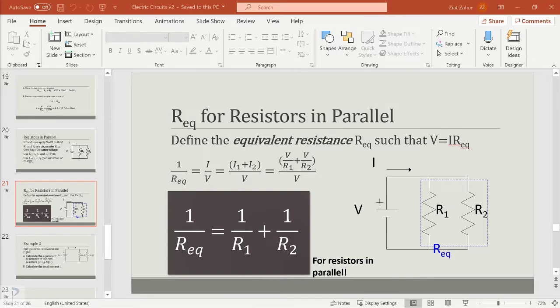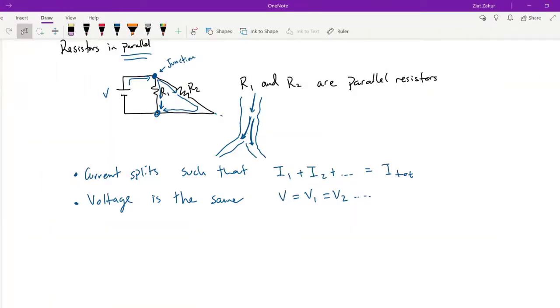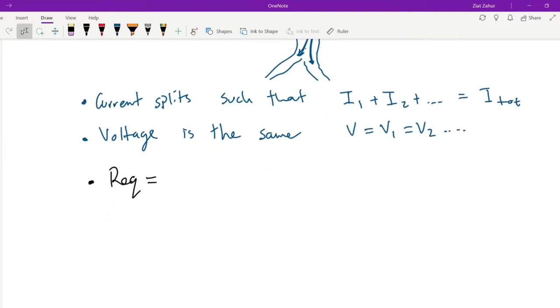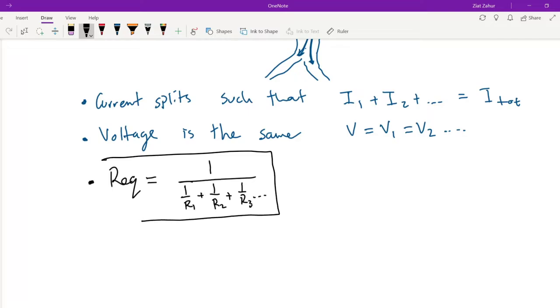So I'll go one step further here and say that for resistors in parallel, notice how in this form, I don't have an inverse on the left side. It's just R equivalent as a whole is equal to, I'll just take the inverse of the right side, 1 over the sum of all the inverses. 1 over, 1 over, dot, dot, dot. So if you have more than 3, then you just keep going. So this is our general formula.